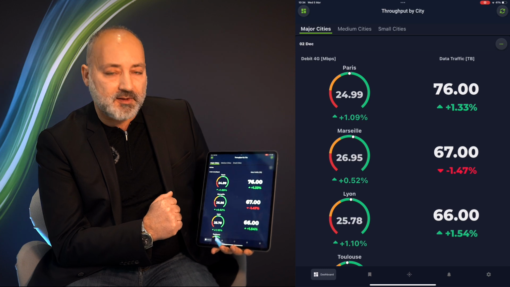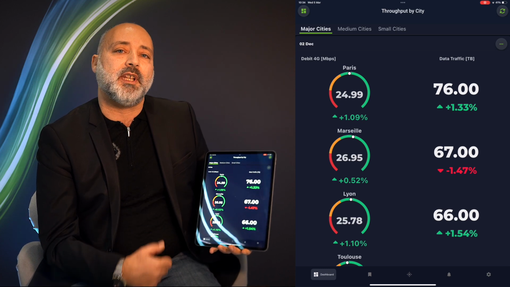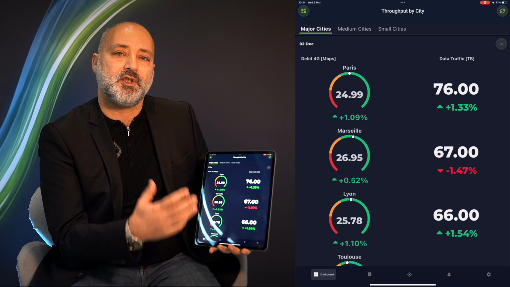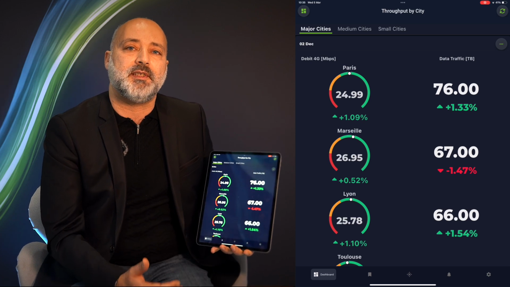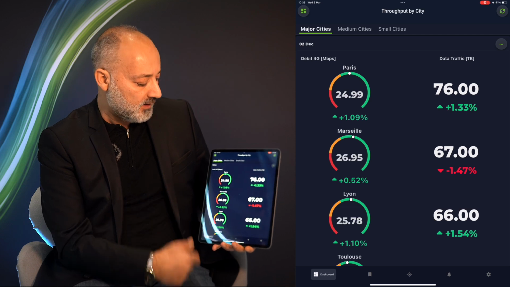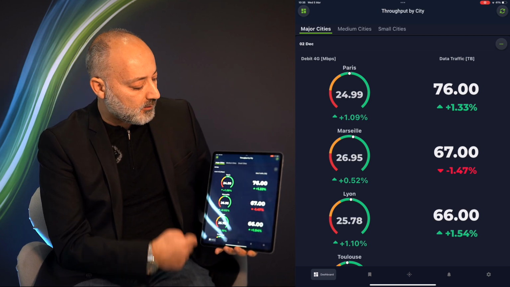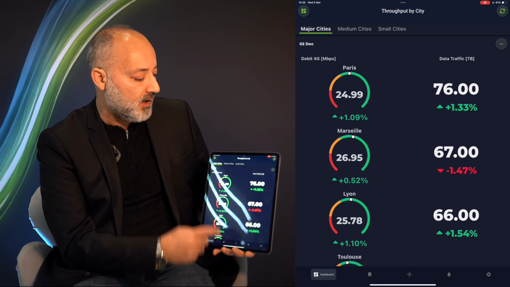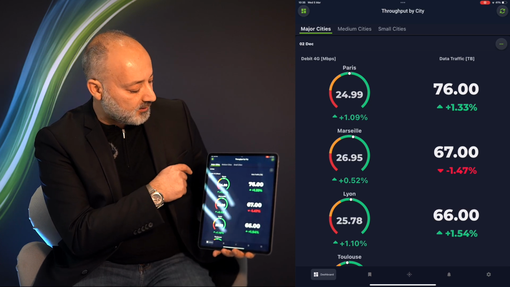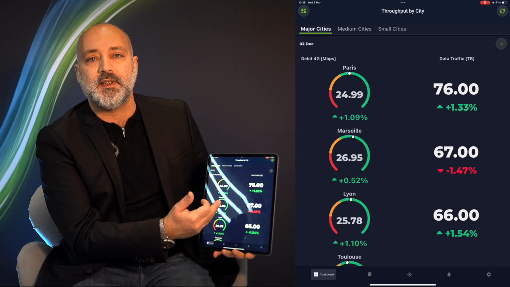What is also very important is that you can look at dashboards related to specific locations, to specific cities. We showed at the very beginning a 360 degree view on the network, and here we are looking at every city: what is the traffic, what is the throughput. We rank the cities by the highest traffic, and we can also categorize the cities into major, medium and small ones.